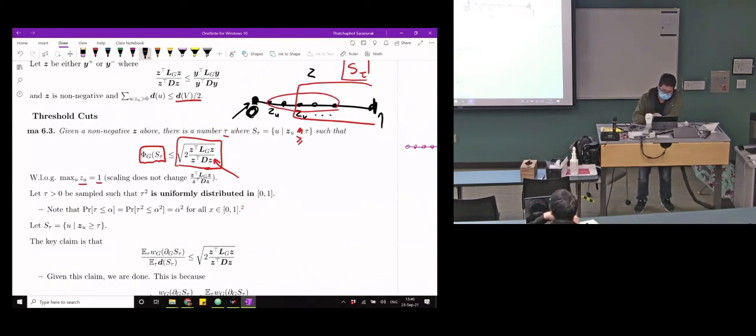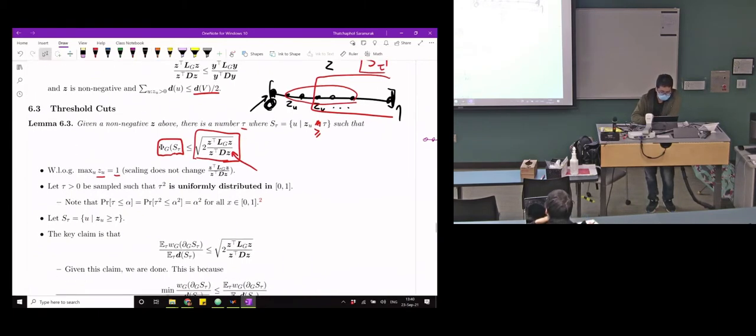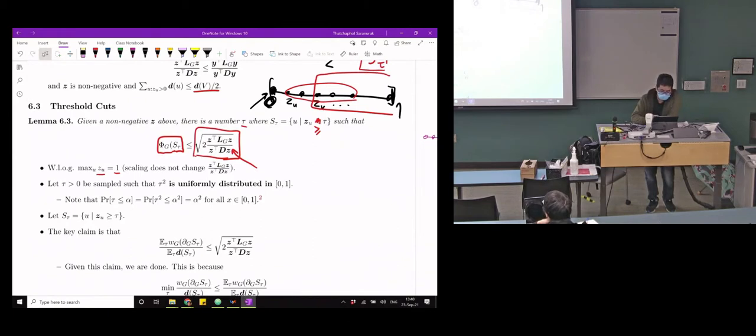So all of the entries in z are between 0 and 1. And now how do we show that one of the sweep cuts, one of the threshold cuts here, would be good?